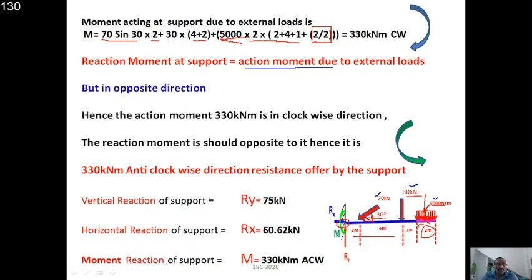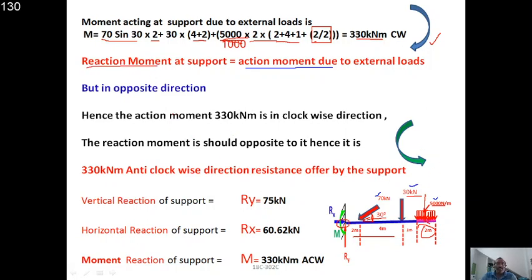So 5000 should be divided by 1000, right? And after solving, you are getting 330 kilonewton meter, which is clockwise. This is the action, and the action should be equal to the reaction.